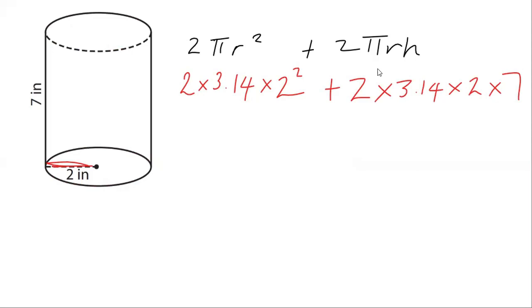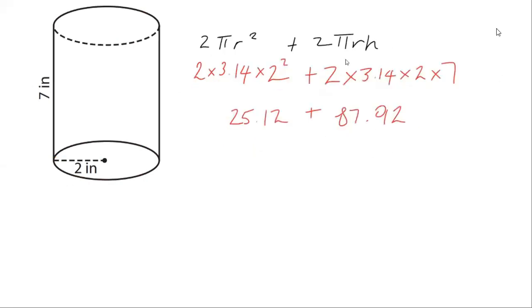So 2 multiplied by 3.14 times the square of 2. For this portion, I am getting 25.12. And over here, I have 2 times 3.14 times 2 times 7. And here I have 87.92.